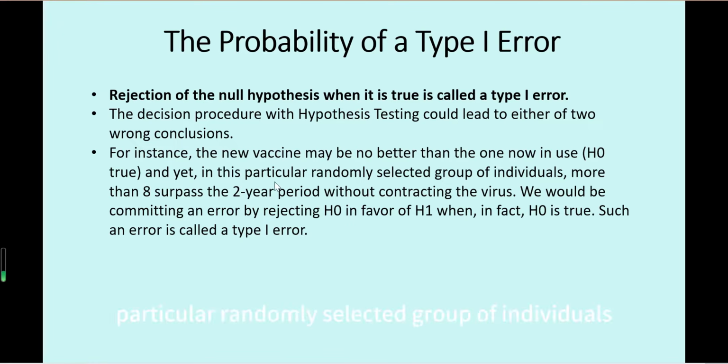In this particular randomly selected group of individuals, if we get more than 8 surpass the 2-year period without contracting the virus, we would be committing an error by rejecting H0 in favor of H1, when in fact H0 is true. So this is called type 1 error.